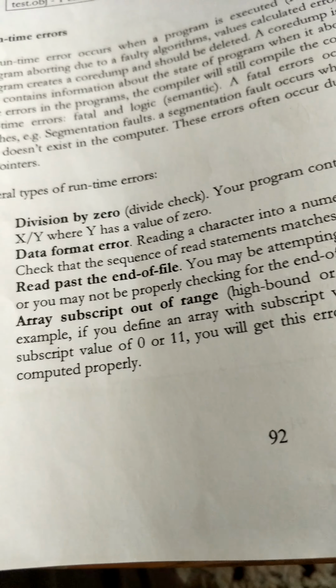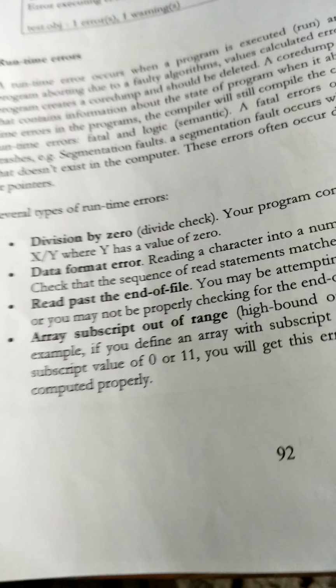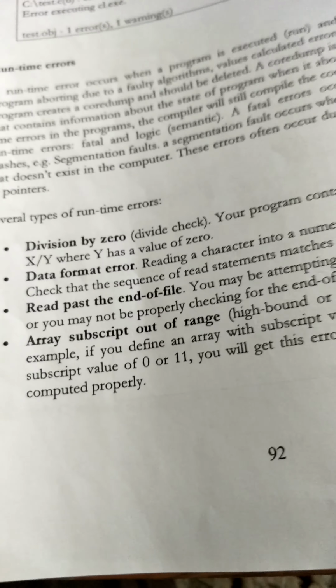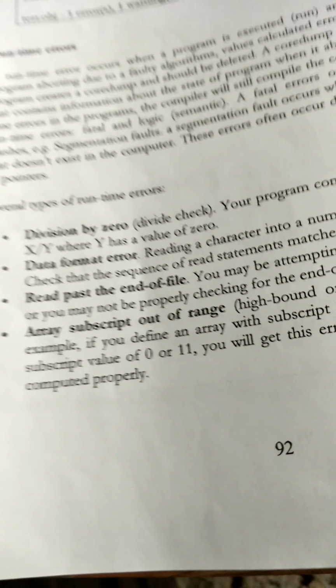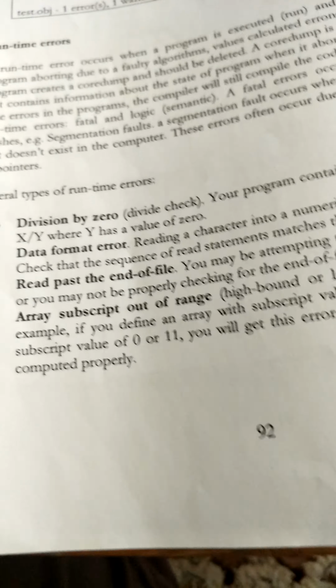Also, reading past end of file. In the file we have end of file, which means end of data in that file, but we still ask C to keep on reading, so that gives you an error, as there's no more data. Also, the array subscript out of range.